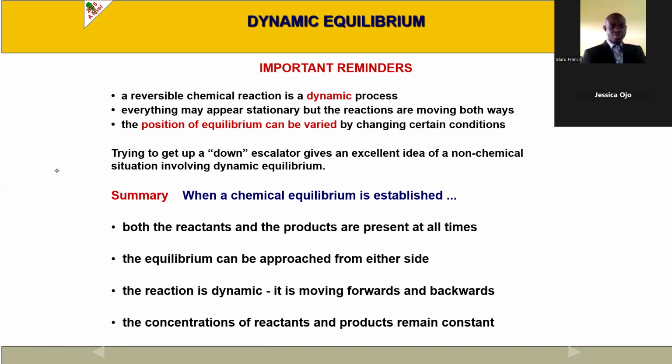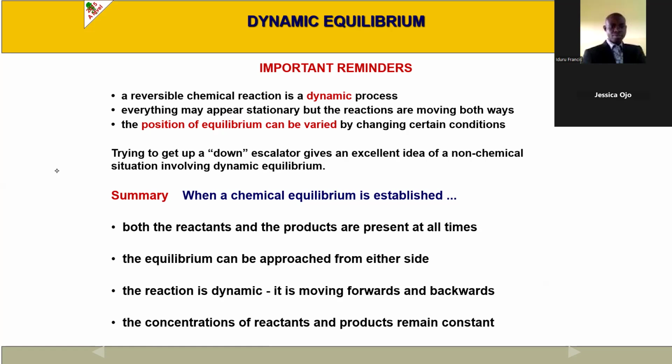The position of equilibrium can be varied. Of course, when you change certain conditions, especially temperature, pressure, and catalyst, you can change the position of the equilibrium. We talk about factors affecting equilibrium position.